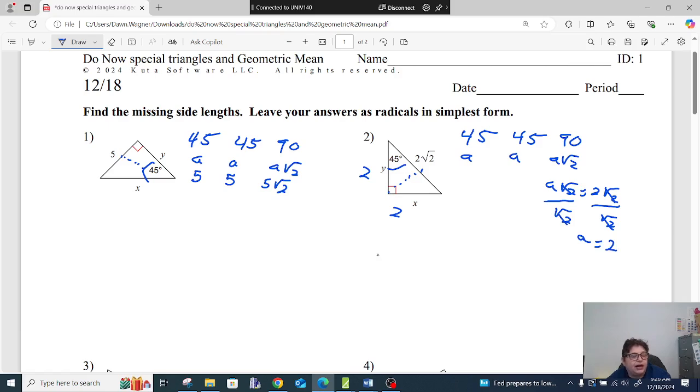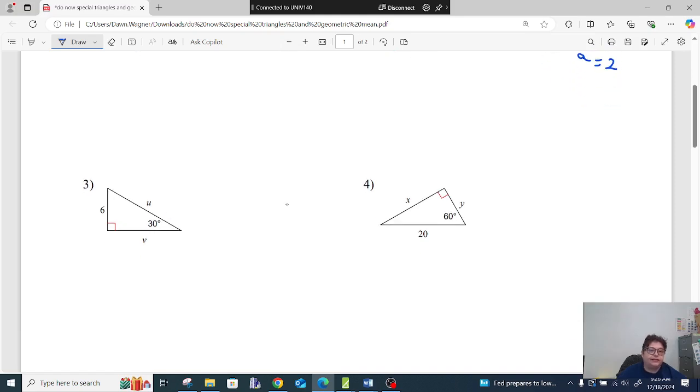Anytime you are not given the smallest side, you have to solve for the smallest side first. Or, in this case, just follow the pattern. So over here, this is a different pattern because this is your 30, 60, 90, which is a, a square root 3, and 2a.